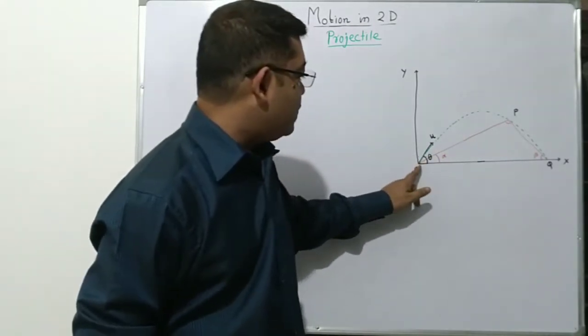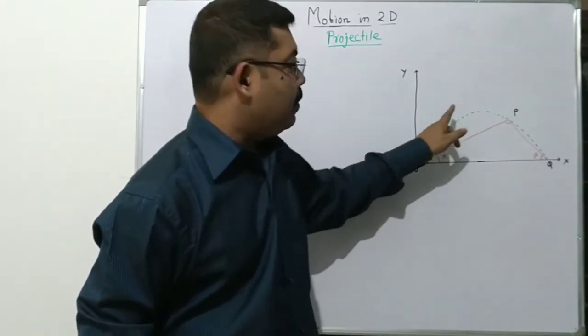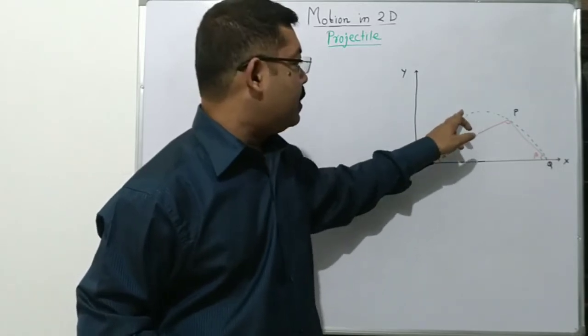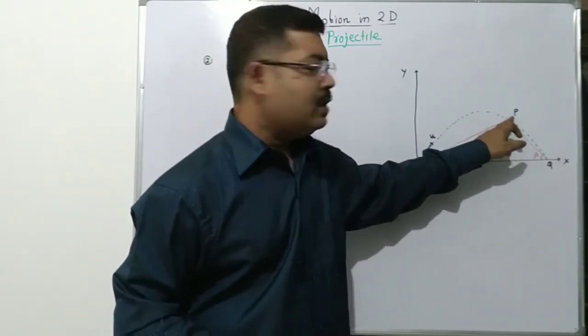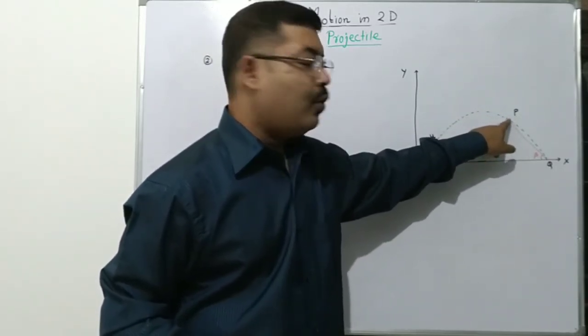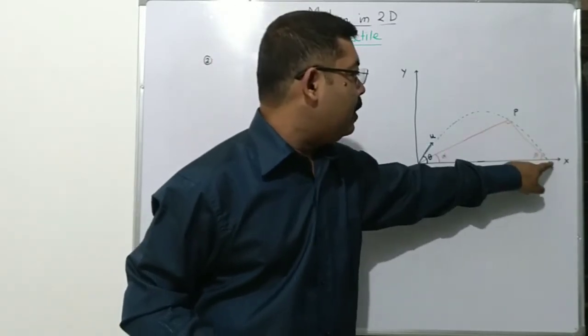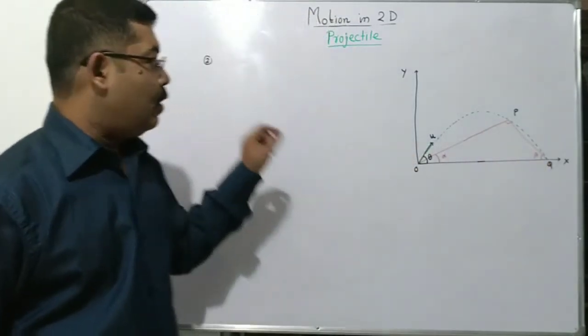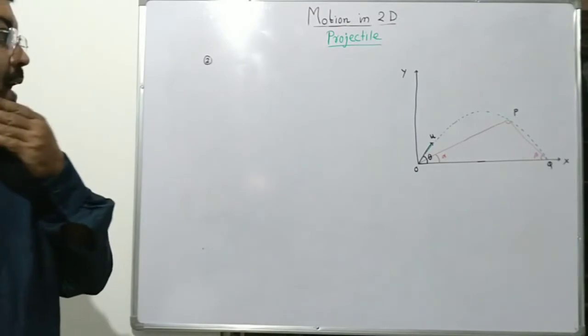So the object starts at the first point of the triangle, goes through its trajectory, just misses or just touches the triangle at point P, and then it ends up at point Q. So it touches all three apexes of the triangle.